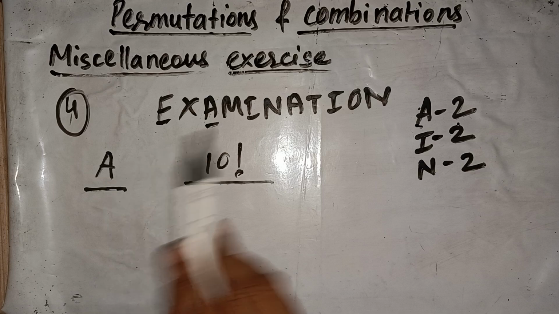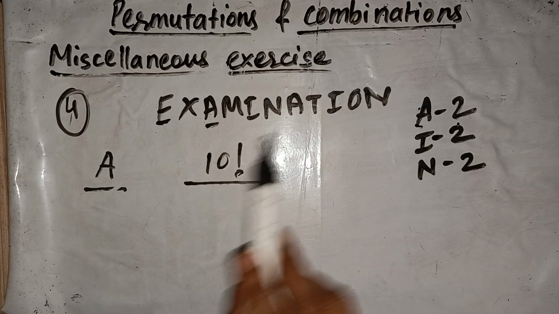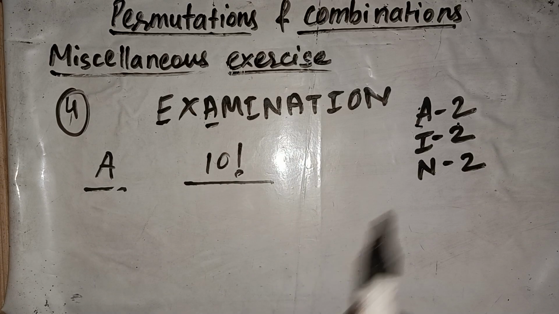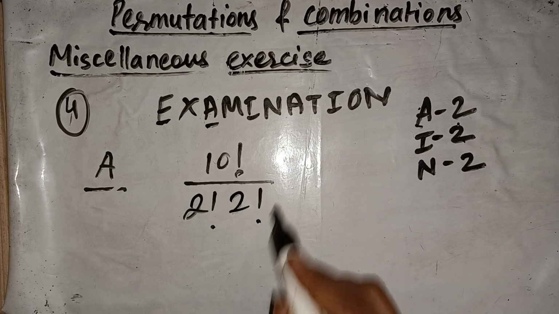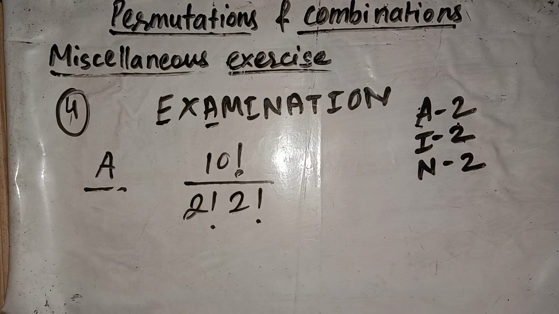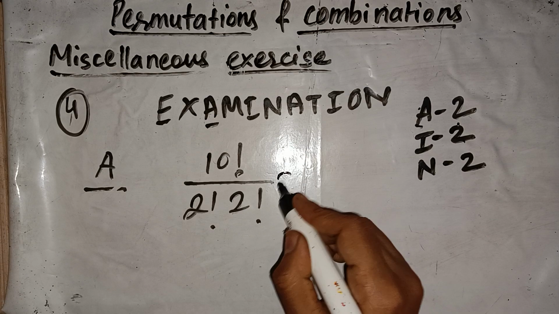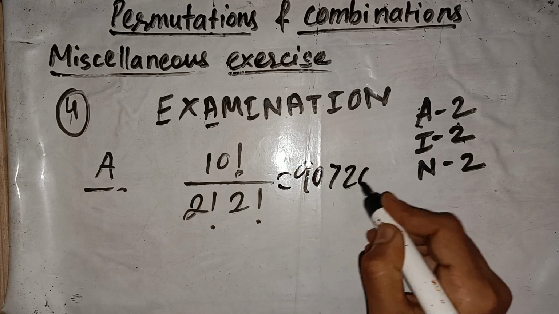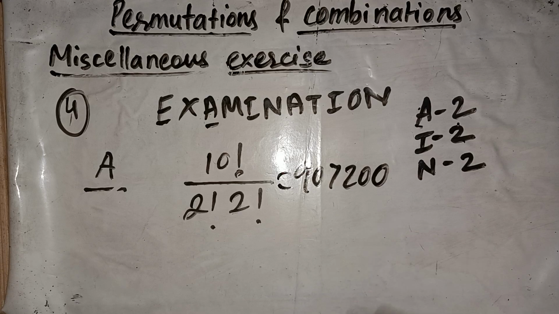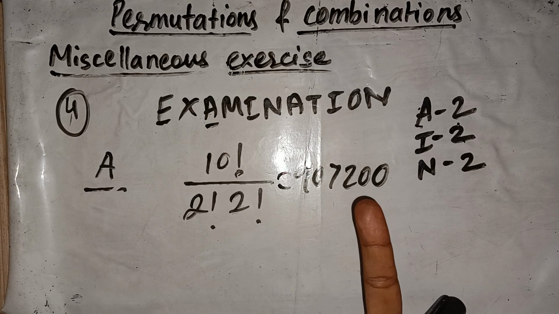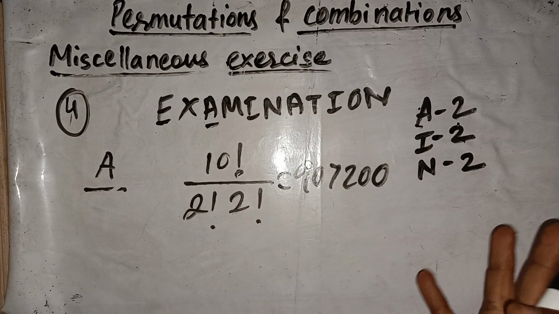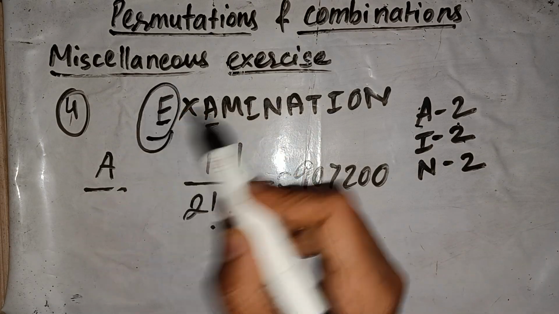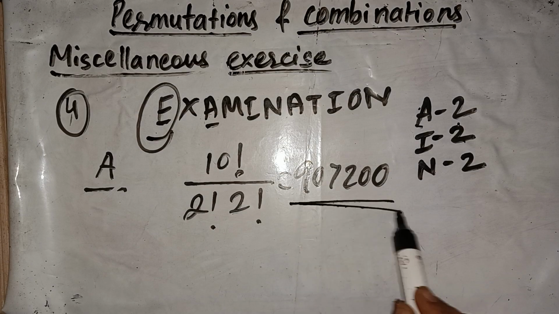A is not repeated now, because one A is fixed and another A is here. So I is repeated 2 times, N is repeated 2 times. So this factorial we have to find. So it comes around 907200. Okay. Next, the next letter is E. So before that, this many words are there, and this is the answer.